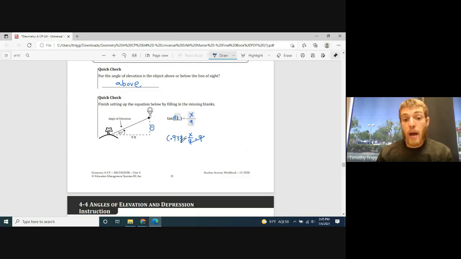Again, you always multiply by the denominator of a fraction. So that gives you 8.39. That means this hot air balloon is 8.39 feet above the ground. That's pretty low for a hot air balloon. But anyway.